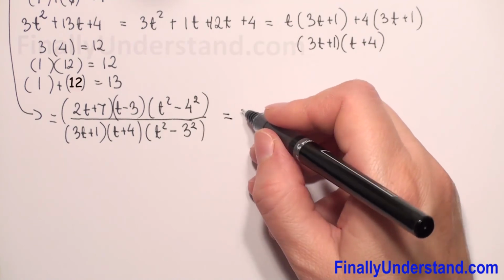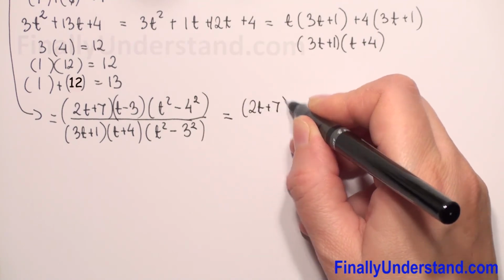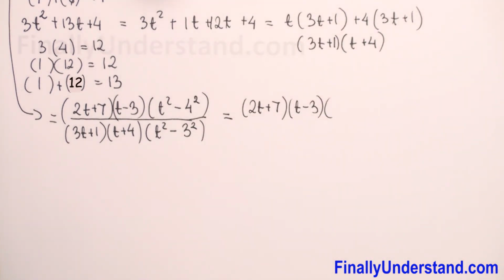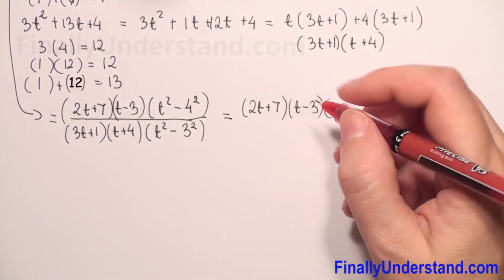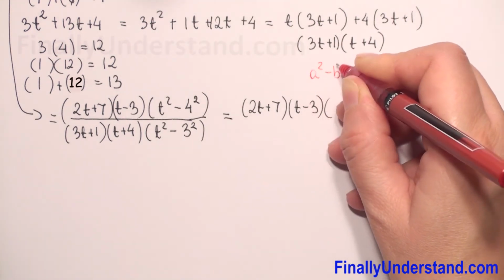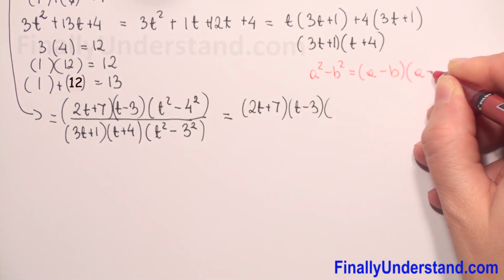So we will rewrite 2t plus 7 times t minus 3, and now let me remind you of this formula, the difference of two perfect squares: when we have a squared minus b squared, this is a minus b times a plus b.